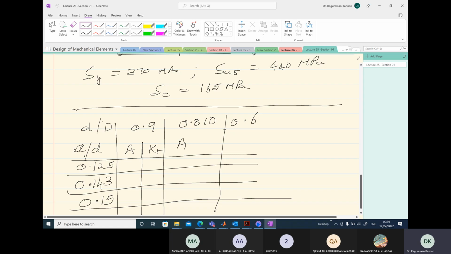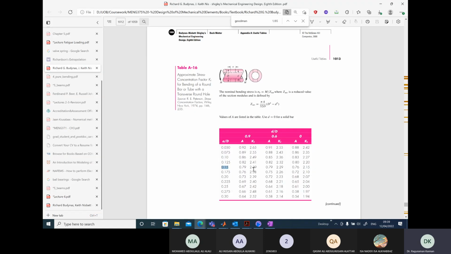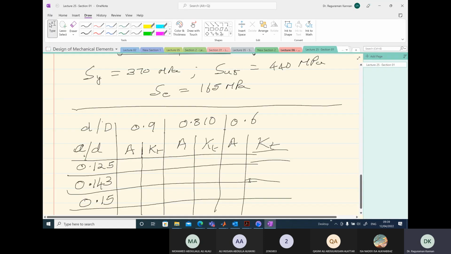Unfortunately, we have too many things to interpolate. So let's see: 0.1, 0.82 and 2.41.